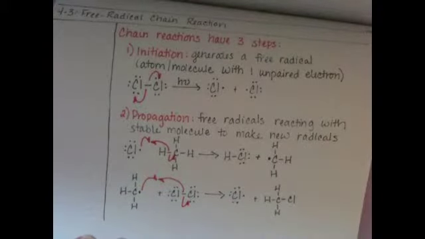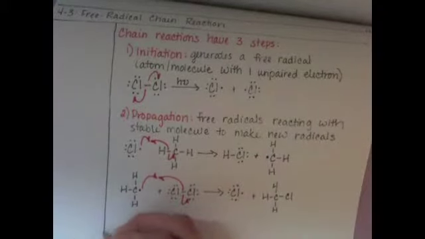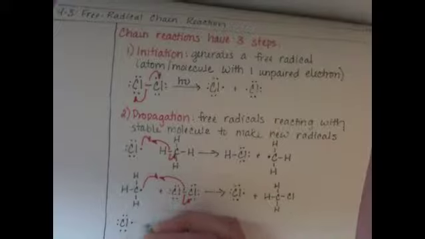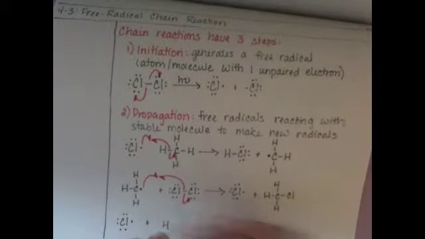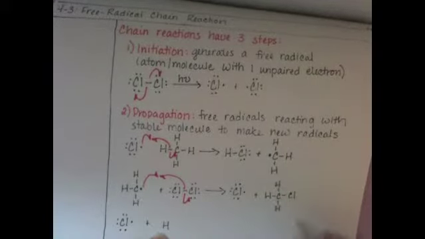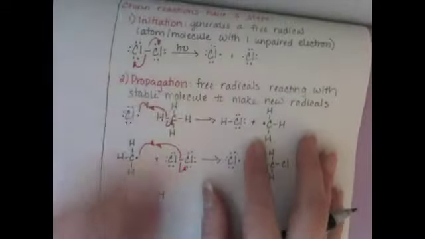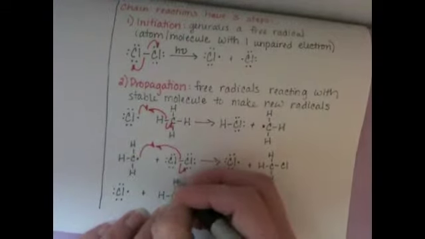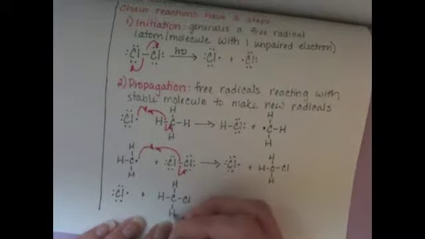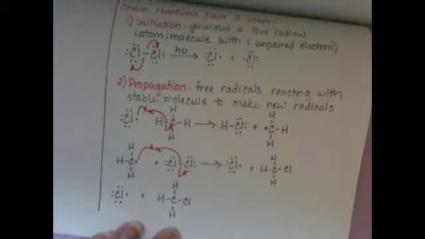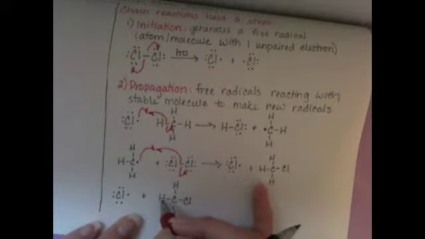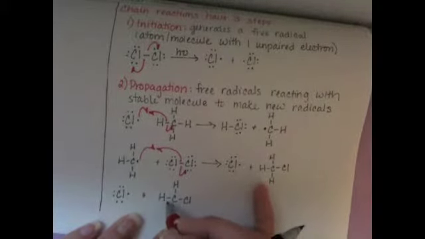And we'll do just one more example of a propagation step. We could have another chlorine radical interacting with this molecule that we just produced, chloromethane. And let's say in this step we're going to break this carbon-hydrogen bond right here.